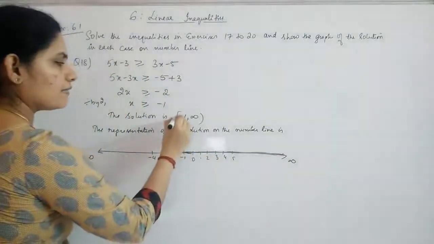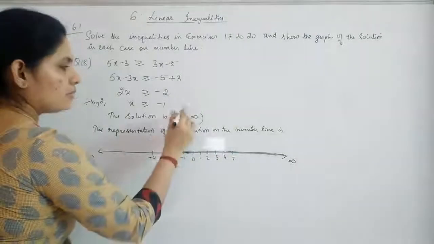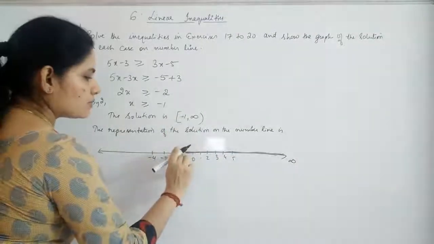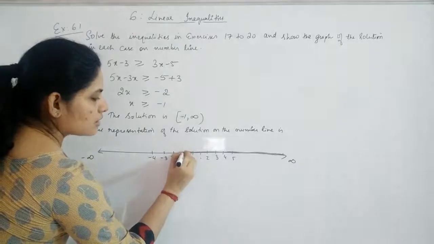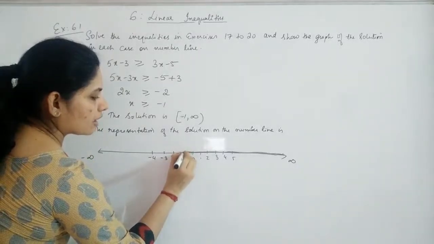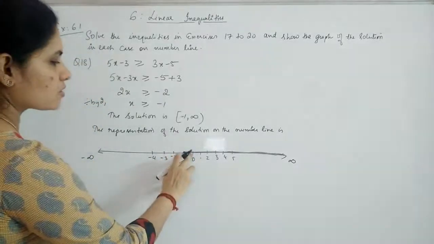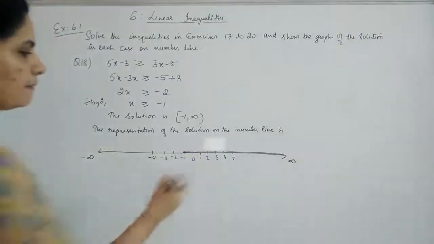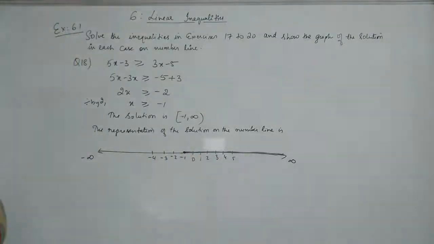Since it has a closed bracket at minus 1, you have to make a circle there, but it should be darkened, and that darkened circle represents that minus 1 is also a value of x. Okay, so this is your representation on the number line.